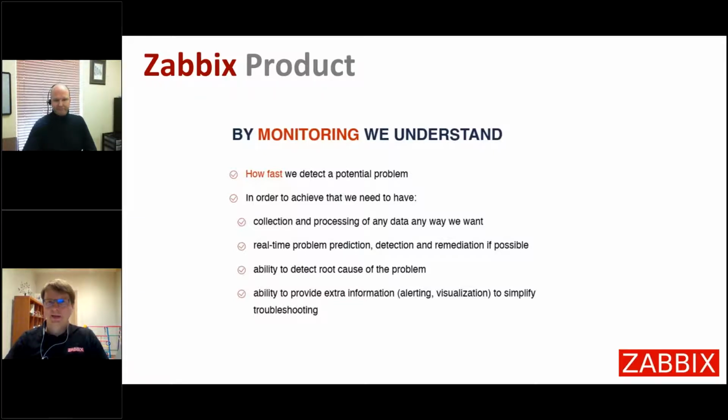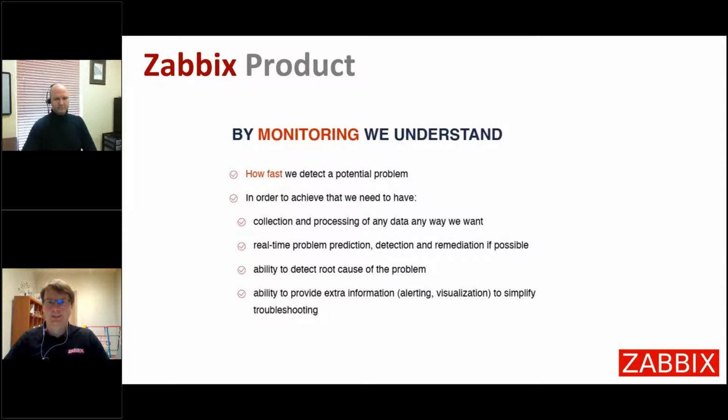Thank you. So let's start with what is Zabbix. Zabbix is actually a universal monitoring solution. So it's not only about SNMP, it's many different ways of collecting data. SNMP is one of the very important ways. So in a few words, what Zabbix actually does: we collect data, we analyze this data, we store this data for later historical reuse.